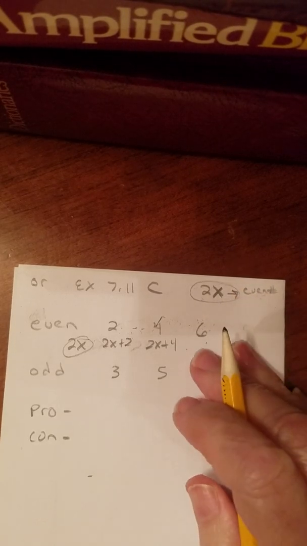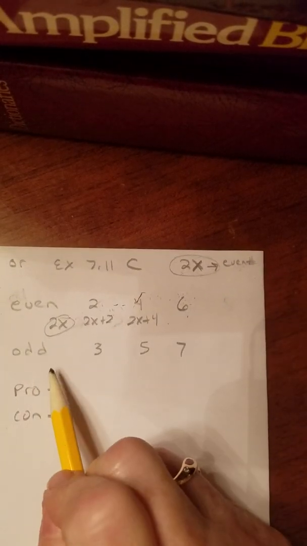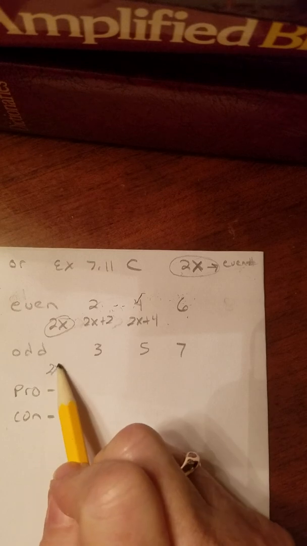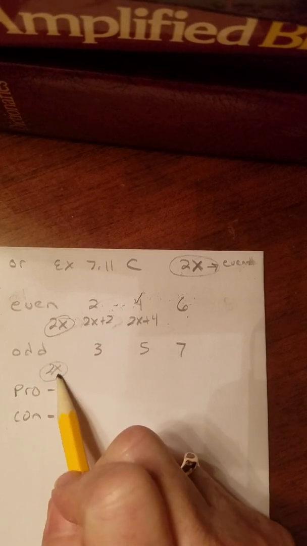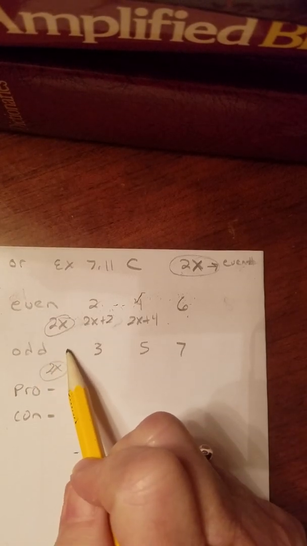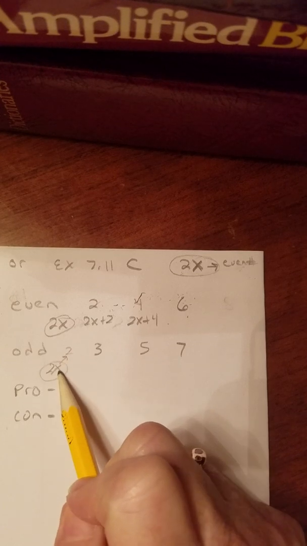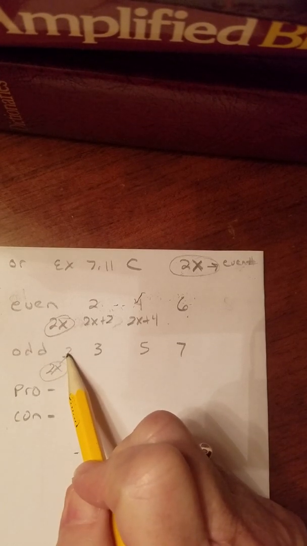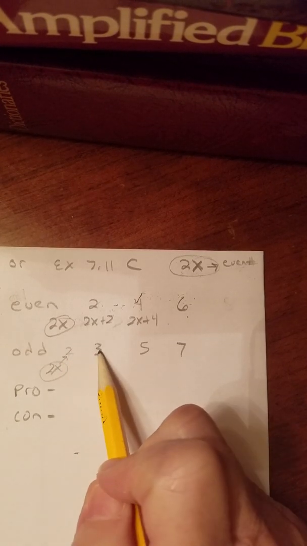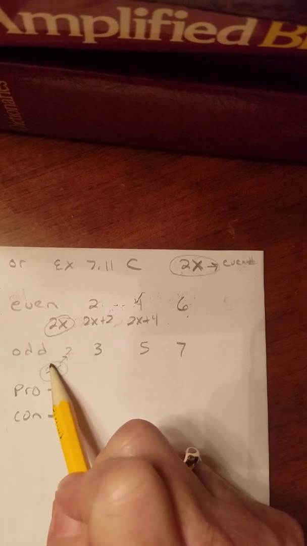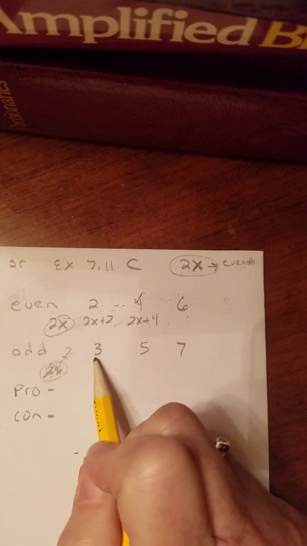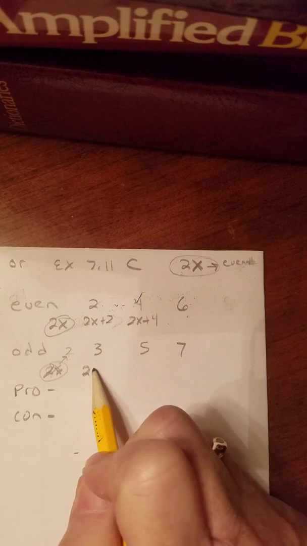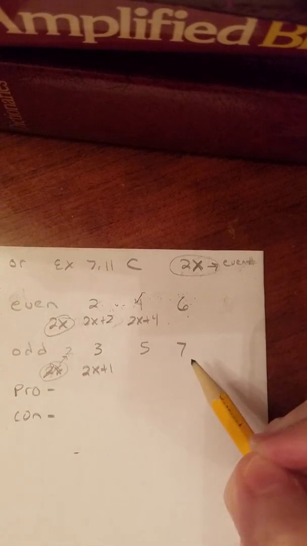Now what if we started with 2x on the odd? Remember, this is an even number, so let's pretend it's 2. How do we get an odd number? You add 1, because it's even. This one will always be an even number. So to represent this odd number, it would be 2x plus 1.